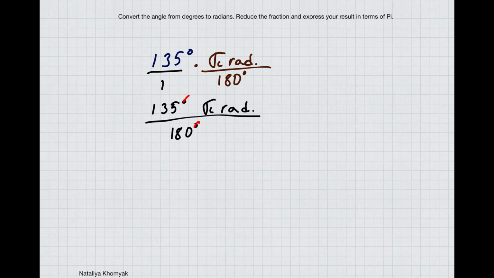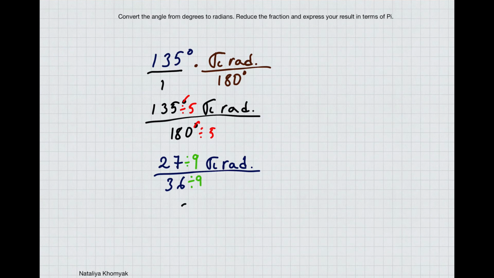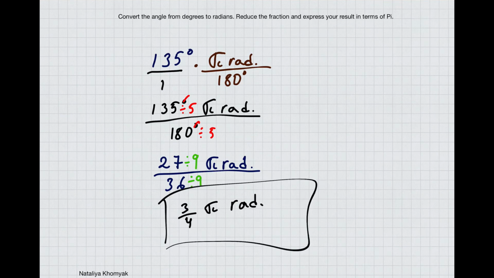Both of them can be reduced by 5. We get 27 pi radians out of 36, and I can see that both of them can be divided by 9. So divided by 9, and we get 3 out of 4 pi, or pi radians. That's all.